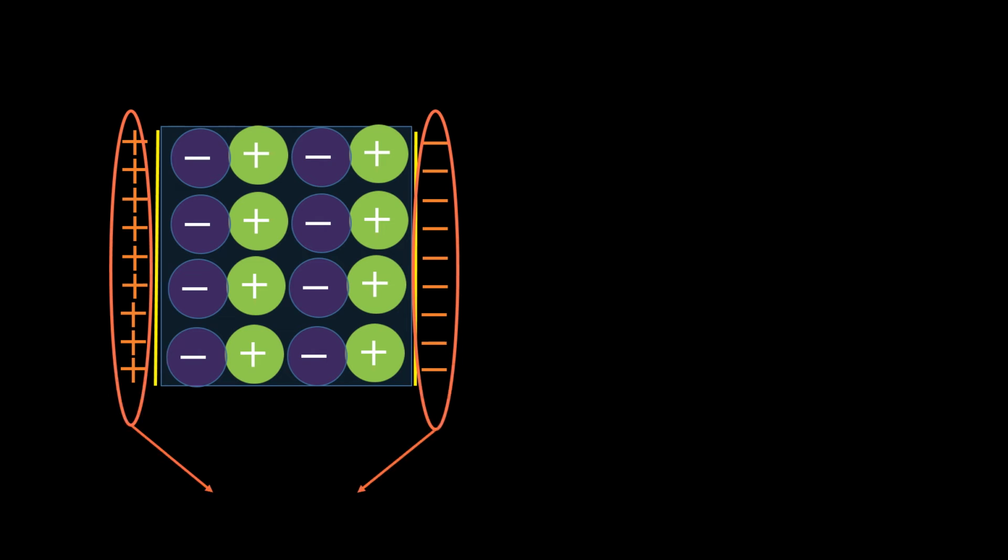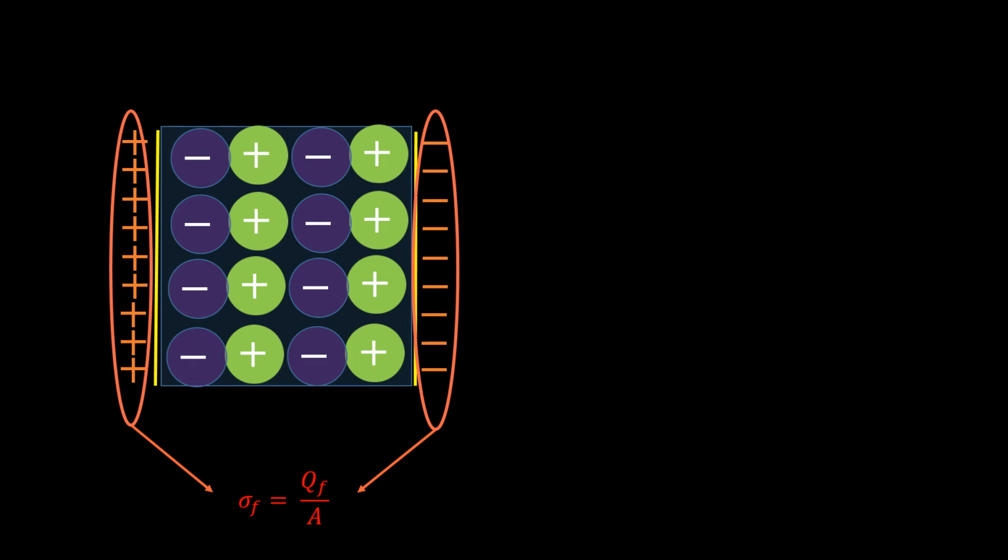Now, we have charges on the plates of the capacitor and we have charges on the surface of the dielectric also. The charges on the plates of the capacitor produce free surface charge density, given as sigma F equal to QF by A. What is QF? QF is the free charge. So whenever we talk about QF, we are talking about charges on the plates of the capacitor.